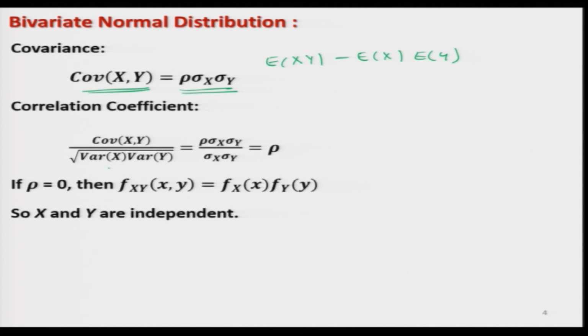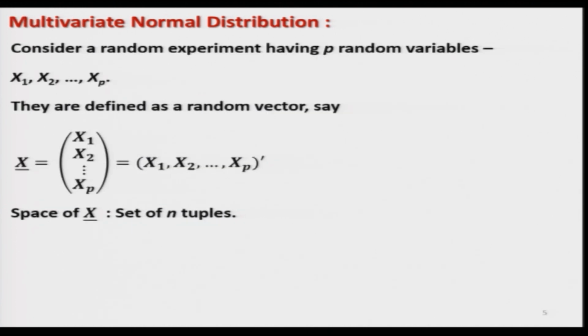So, I can write that the covariance of xy divided by the square root of variance of x into variance of y will come out to be rho. In case rho is 0, then this joint probability density function can be expressed as the product of the marginal density functions of x and y. So, in this case x and y are independent. These are very important properties of this bivariate normal distribution.